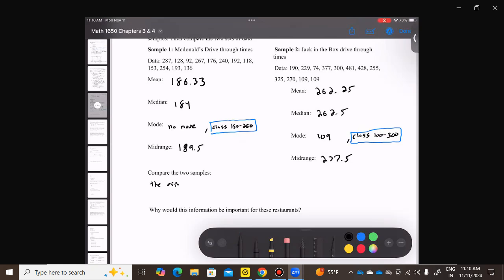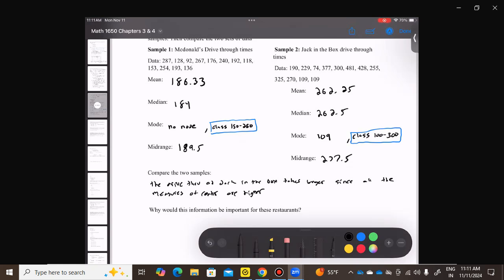The drive-through at Jack in the Box takes longer since all the measures of center are higher. I mean, we're talking around 262, which is about 4 minutes and 22 seconds compared to just over 3 minutes. Right, so about a minute longer.